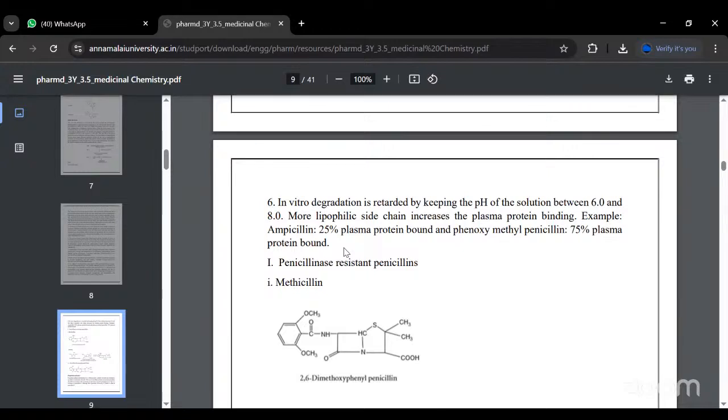A more lipophilic side chain increases plasma protein binding. For example, ampicillin is 25% plasma protein bound and phenoxymethyl penicillin is 75% protein bound.